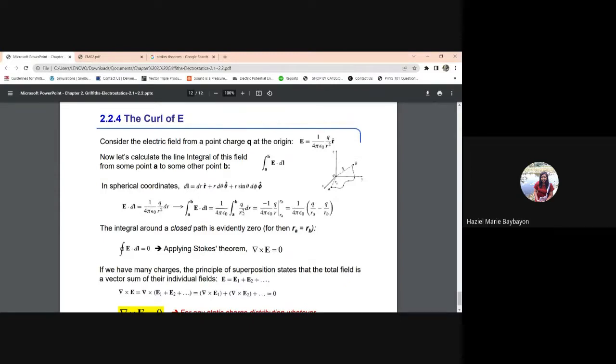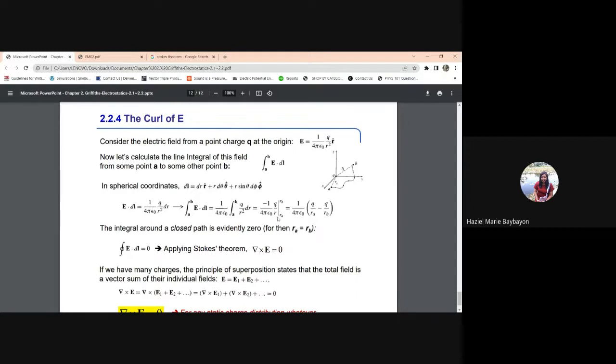So you can actually shift this: 1 over r squared, you can make it r to the negative 2. And then, integrate as usual. So you get r to the minus 1 over negative 1. Okay? So, that is why here you have negative 1 over 4 pi epsilon naught Q over r.